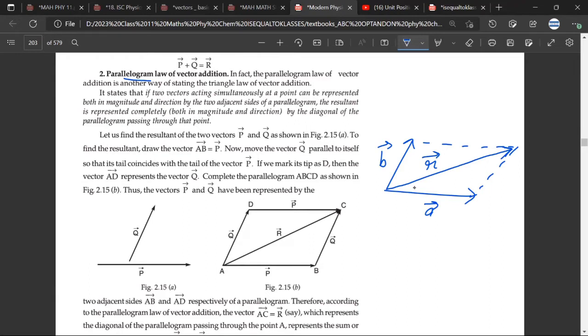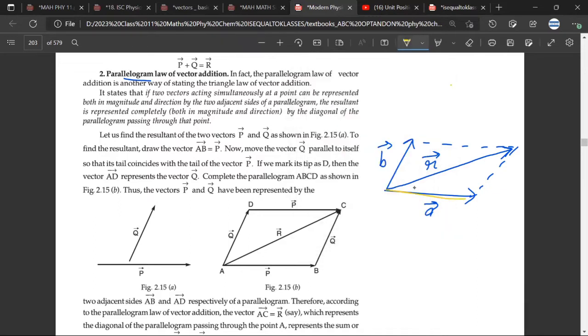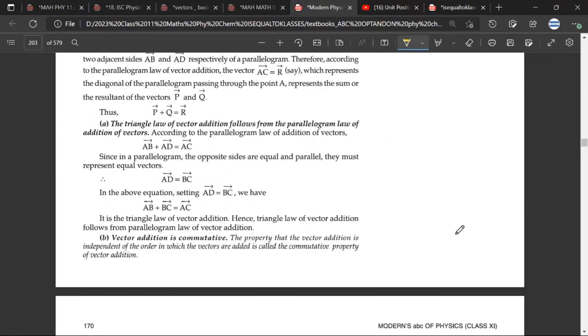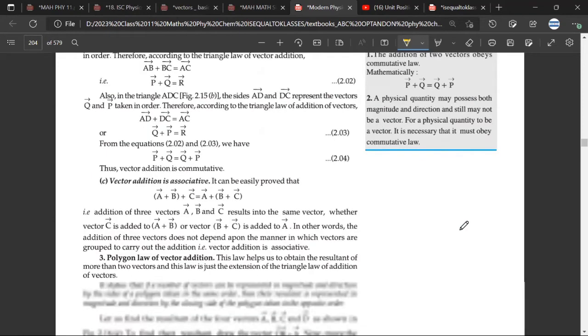These are cousins because you could very well have done it like this: if this was a vector and this was b vector, the same would have been the resultant vector. Why are the triangle law and parallelogram law almost the same way of putting the same thing? That is why they write that the parallelogram law of vectors is another way of stating the triangle law of vector addition. They are one and the same thing. I'm discussing this because in exams they might ask you this as a theoretical question, so we should be clear.